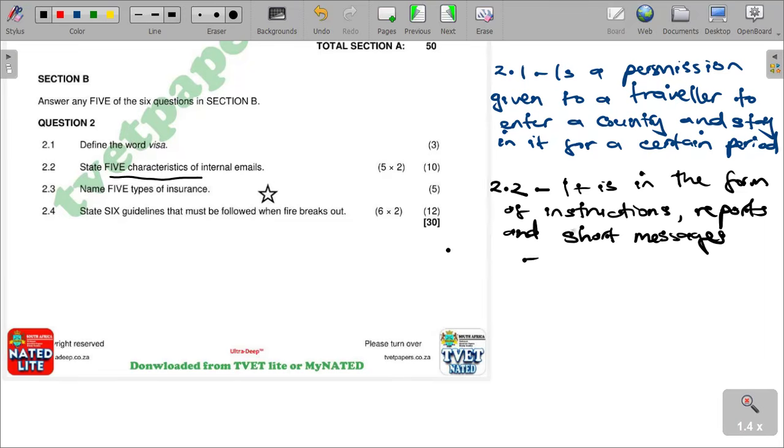Right. Another characteristic is that internal mails or memorandums are done in duplicates. No introduction.